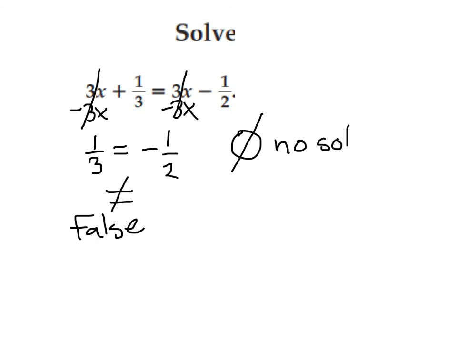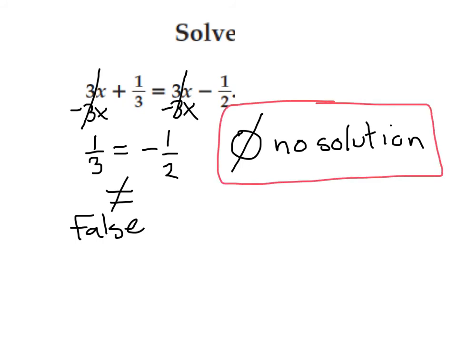And I'm going to use a sign, 0 with a slash through it. Or if you forget that, you can just write no solution. Once again, this means that no matter what number I choose for x, it will not make the statement true.